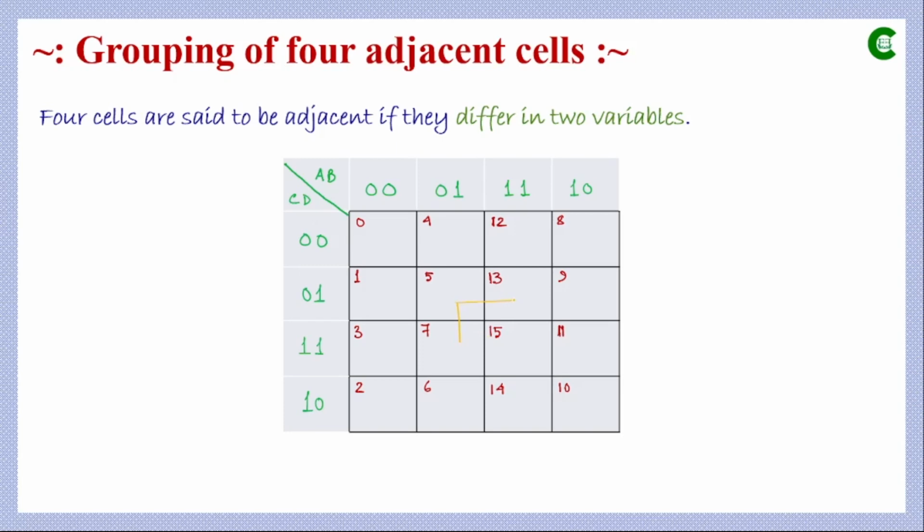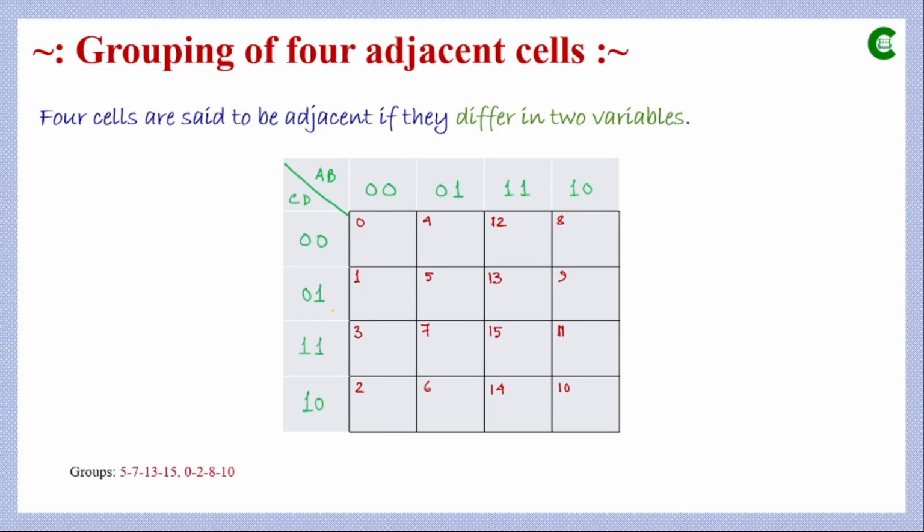So these 4 cells can form a group of 4 adjacent cells. Also between 0, 8, 2 and 10, if we evaluate their changes, we will see that changes are only for 2 variables. So 0, 2, 8 and 10 will also form a special type of group of 4 adjacent cells.